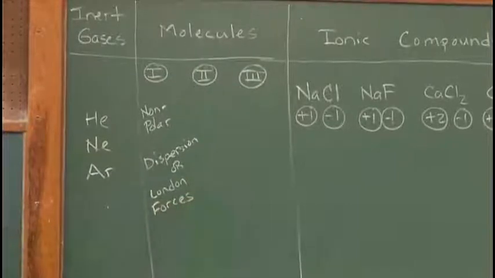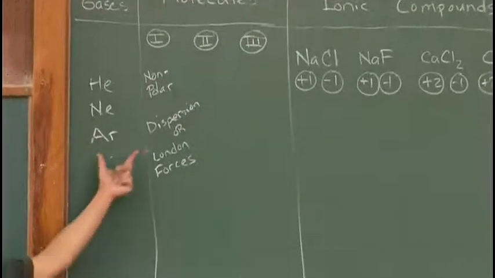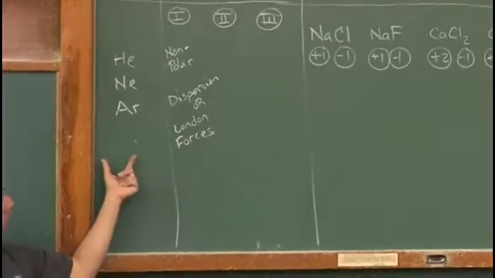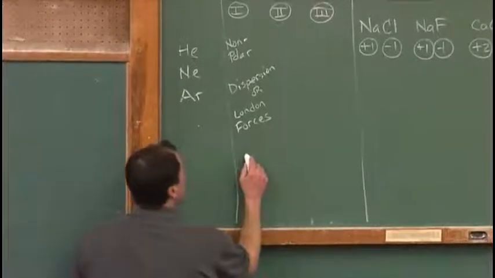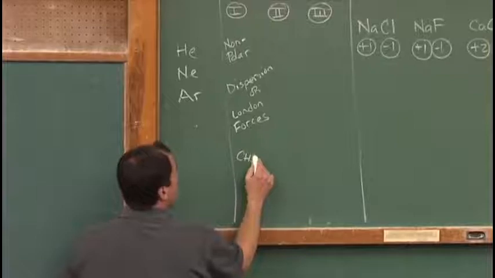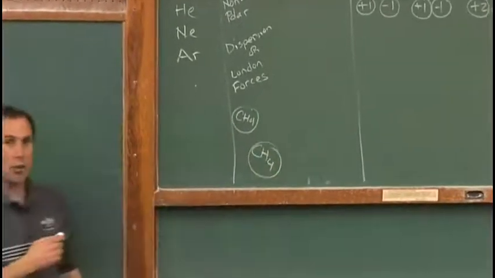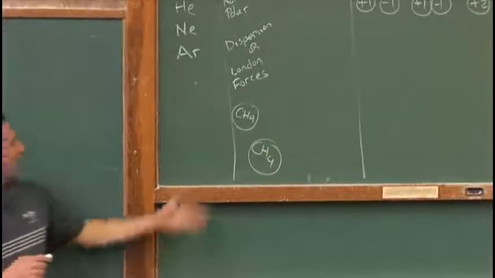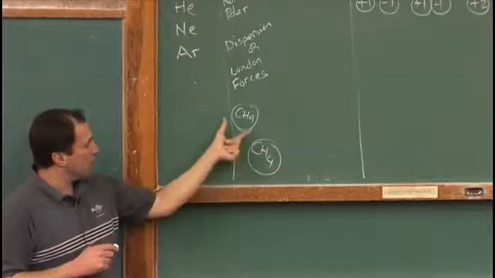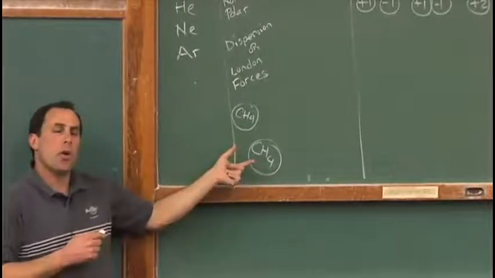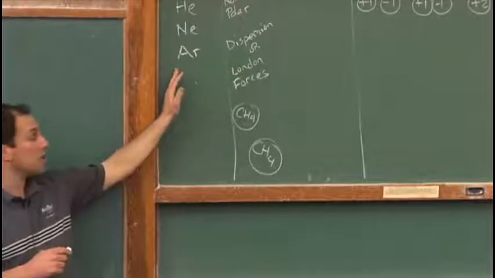Let me make a little picture up on the board of dispersion or London forces. These London forces or dispersion forces are found in inert gases and these non-polar molecules. Let me show a methane molecule written out as CH4 and another one as CH4. These are tetrahedral, non-polar, so there is no positive and negative end like a polar molecule, so we have very little attraction.